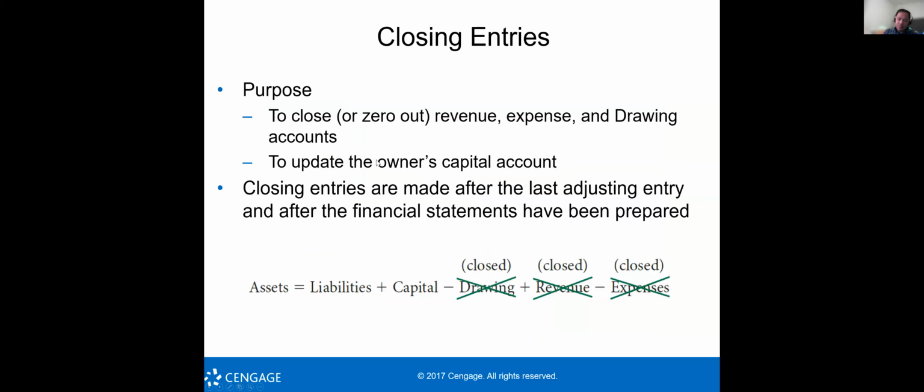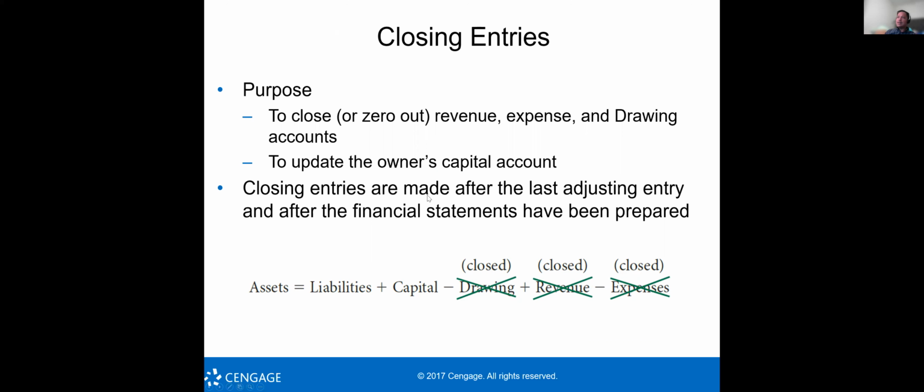So when we talk about closing entries, we need to close or zero out revenue, expense, and drawing accounts, and update the owner's capital. Basically, what we are closing are only revenue accounts, expense accounts, and drawing accounts, and all of this will flow into the owner's capital account. Closing entries are made after the last adjusting entry and after the financial statements have been prepared.